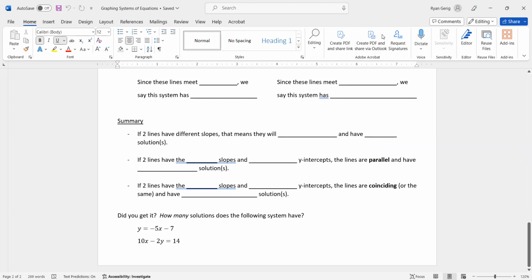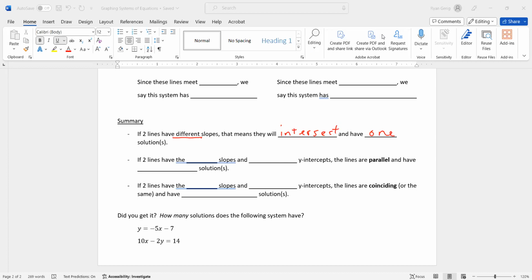If two lines have different slopes, that means they will intersect. And if they intersect, they have one solution. That's what's going to happen majority of the time. If you look at the previous two examples, both of those right above this summary had the same slope.